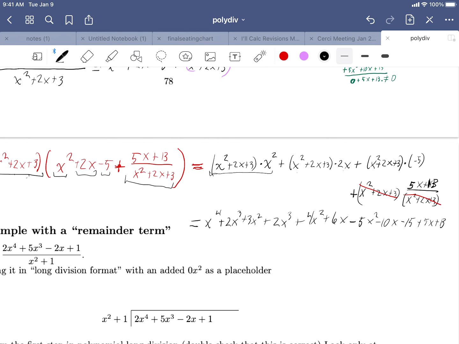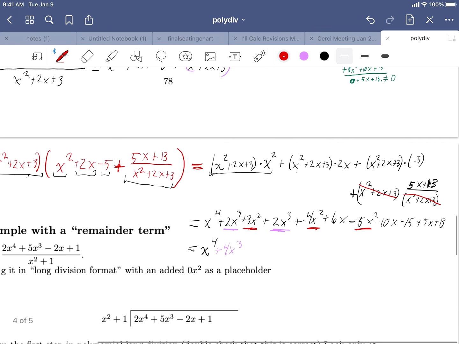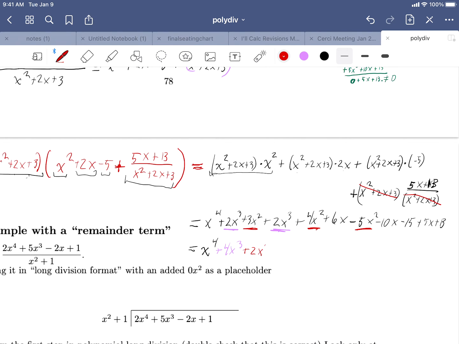And now I guess we have to combine a bunch of like terms. There's only one x to the 4th term. Let's find all of the x cubed terms. There's an x cubed, there's an x cubed, plus 4x cubed. Let's find all the x squared terms. There's a 3x squared, there's a 4x squared, there's a minus 5x squared. 3 plus 4 is 7, minus 5 is 2, plus 2x squared.